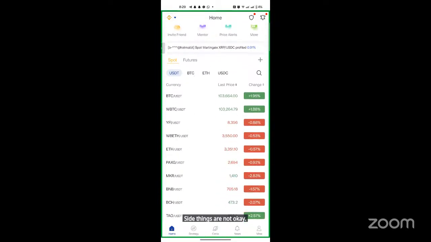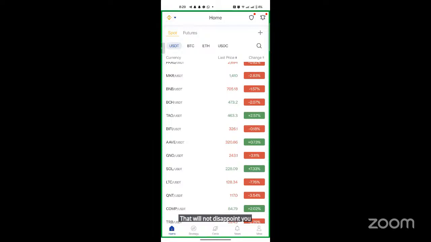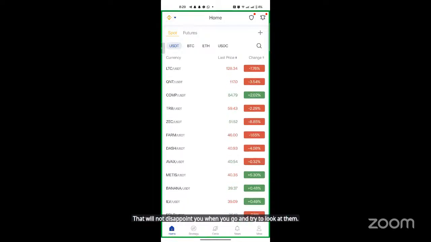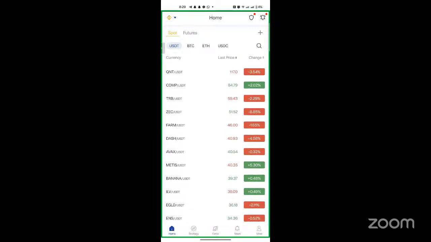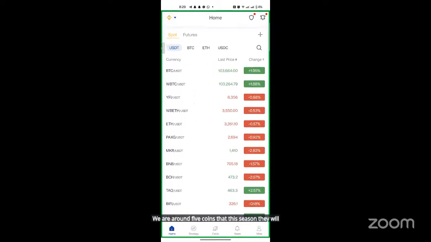I'll mention some coins that will not disappoint you when you go and look at them. There are around 5 coins that this season will not disappoint you when you analyze them.